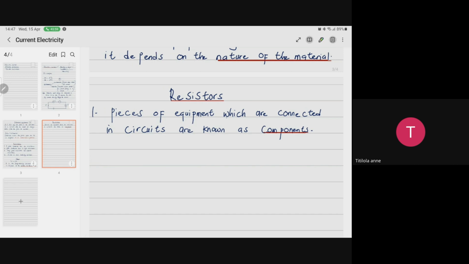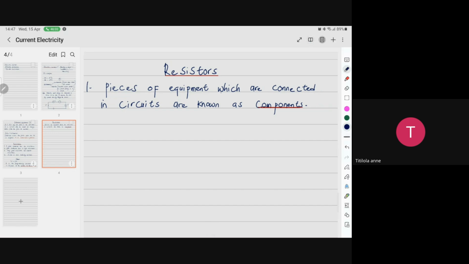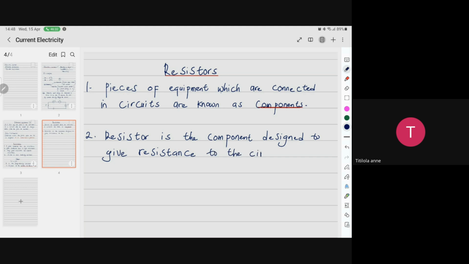Then let's look at the two kinds. The resistor gives resistance to the circuit, right?